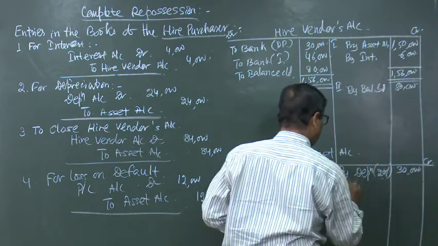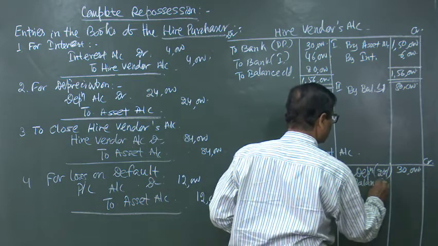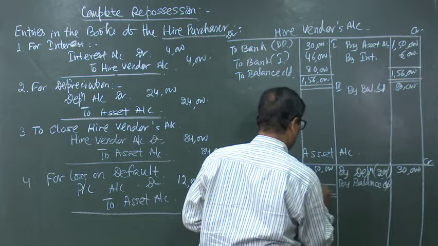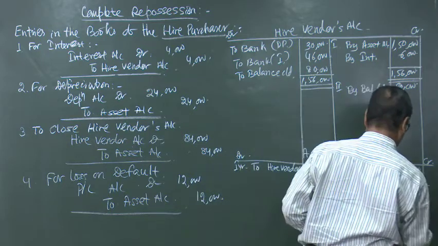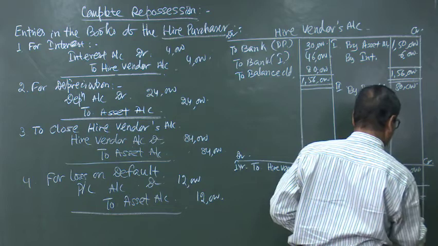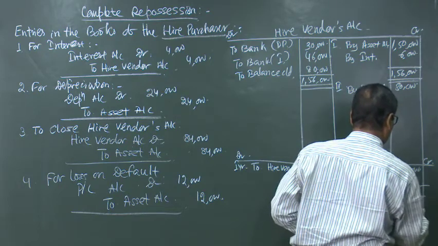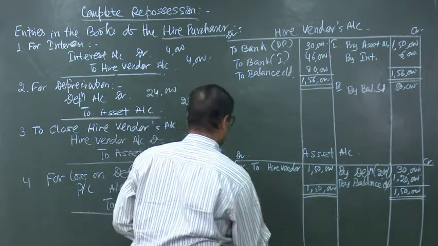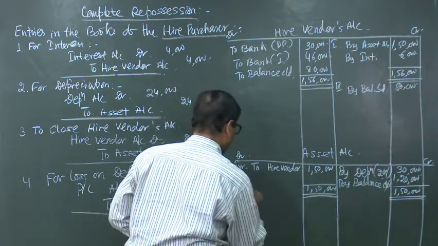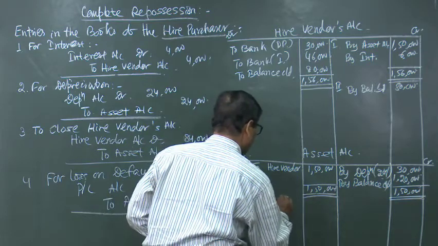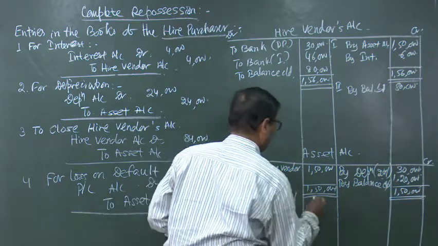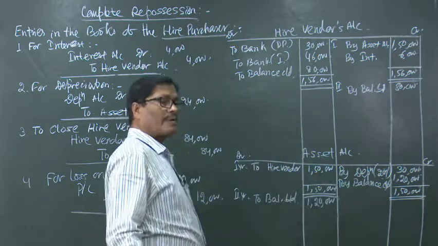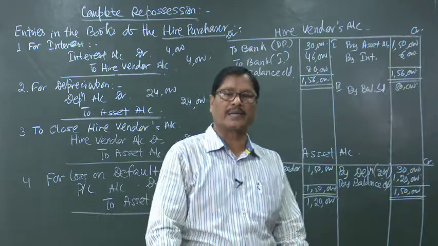So by balance carried down 1,20,000, and the total is 1,50,000 on both sides. In the beginning of the second year, it is brought forward, to balance brought down 1,20,000. So we have done the first year's entries and the ledger postings.